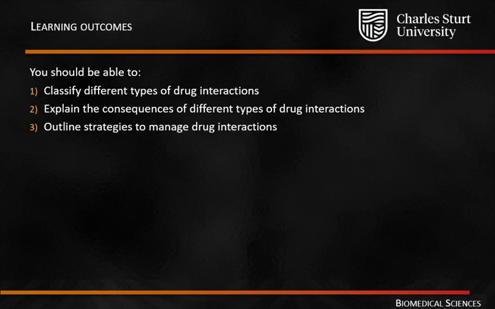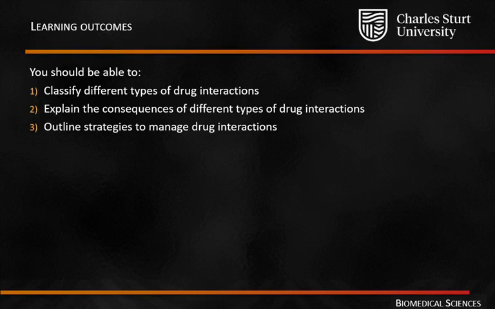Okay, so we've looked at classifying different types of drug interactions. We have the classic pharmacodynamic, which is the activity of the drugs that might be sitting on top of each other and replicating each other, or we might be looking at pharmacokinetics, where we're looking at cytochrome inducers or inhibitors, or something that affects the absorption of the drug. Secondly, we looked at the consequences of different types of drug interactions.